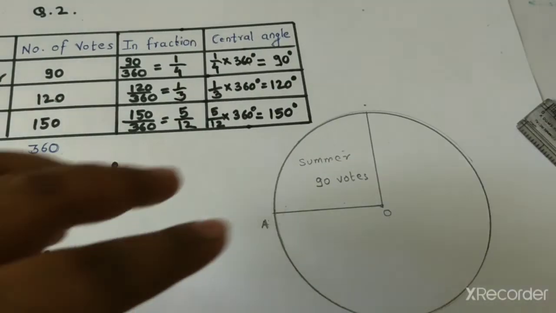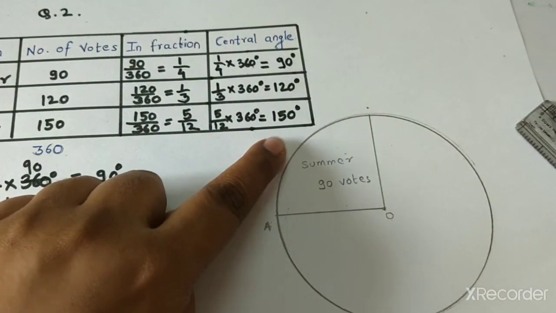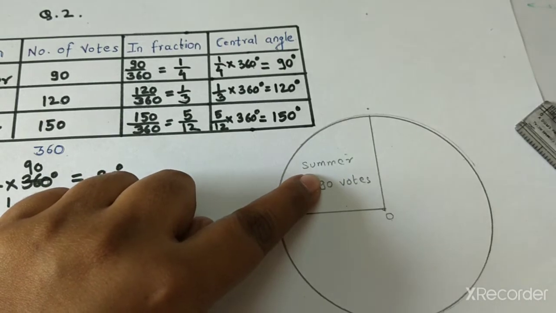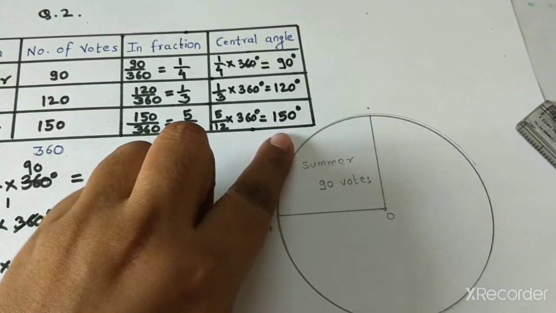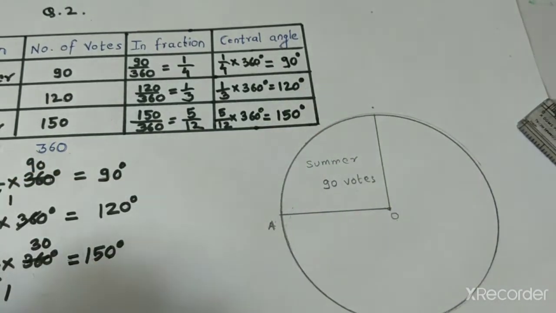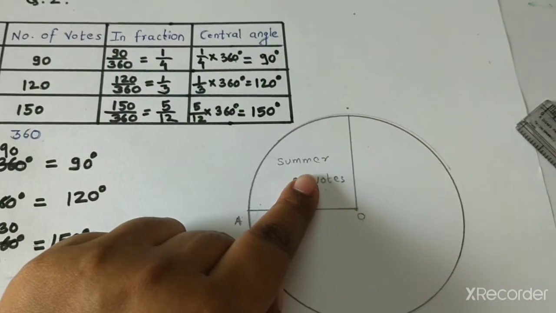If your circle is very small, you can write outside here also, children. It is not necessary that you always write inside. You can color this section now and write outside also, summer 90 volts. So this was our first sector of summer, right?